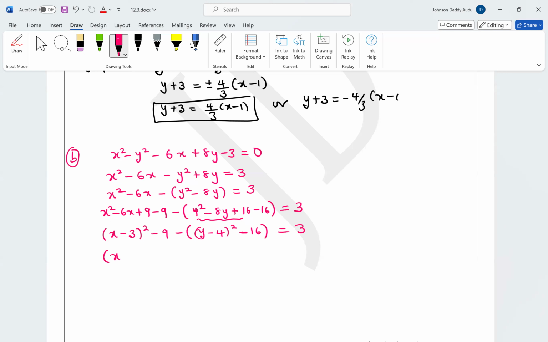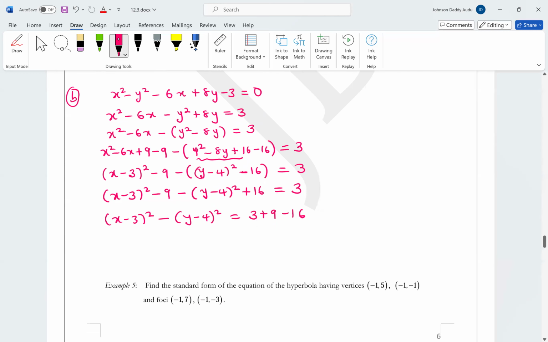So this is now x minus 3 squared minus 9 minus this. If you take this minus inside, this is y minus 4 squared. But because of this minus, here becomes plus 16 equals to 3. Then this is x minus 3 squared minus y minus 4 squared, and then you'll have 3 plus 9 minus 16.